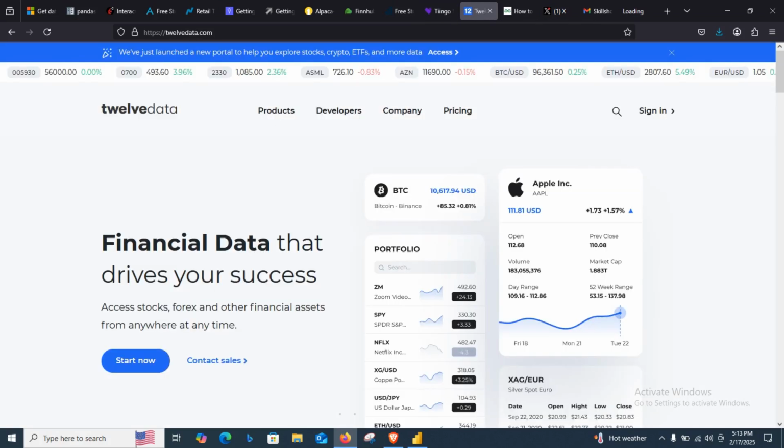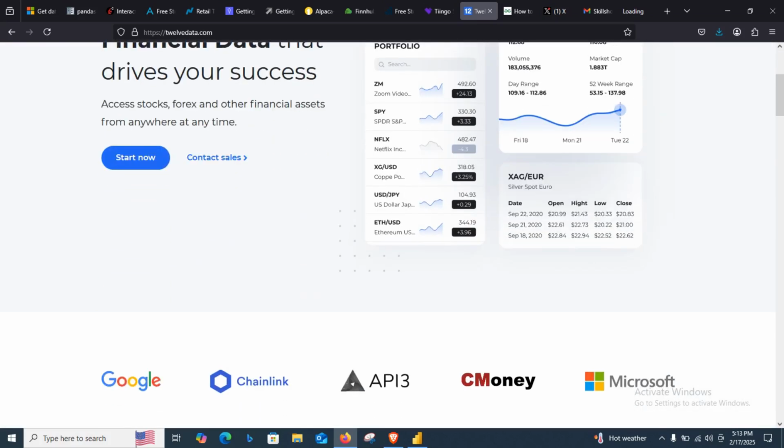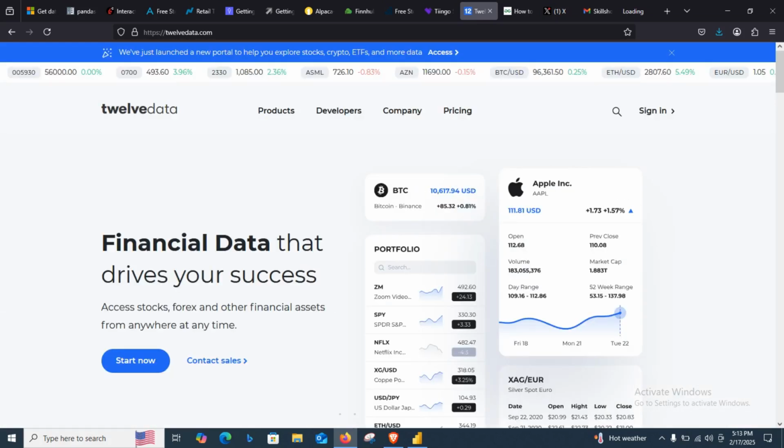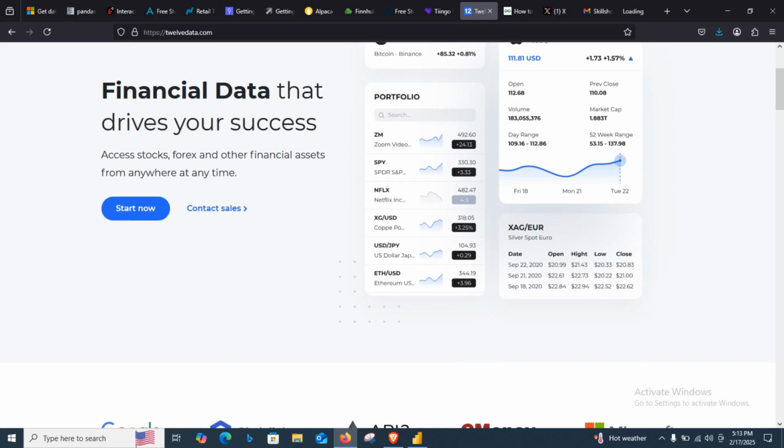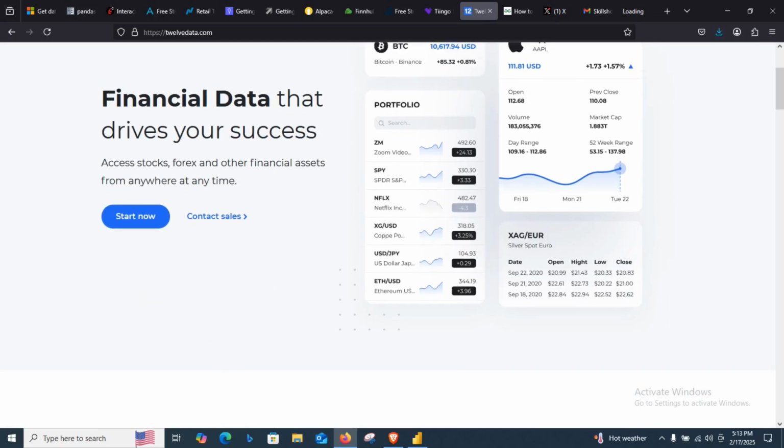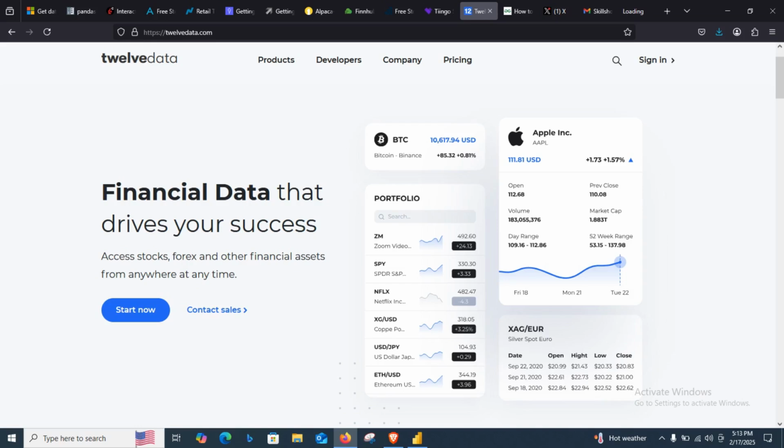Then the next one is 12 Data, financial data that drives your success. It also provides you with stock information, the stock movement of the day, and you can use it to train your agent and get information in real time. This one also has crypto assets, so you can get information, use it to train your agent, and ask your agent questions in real time.